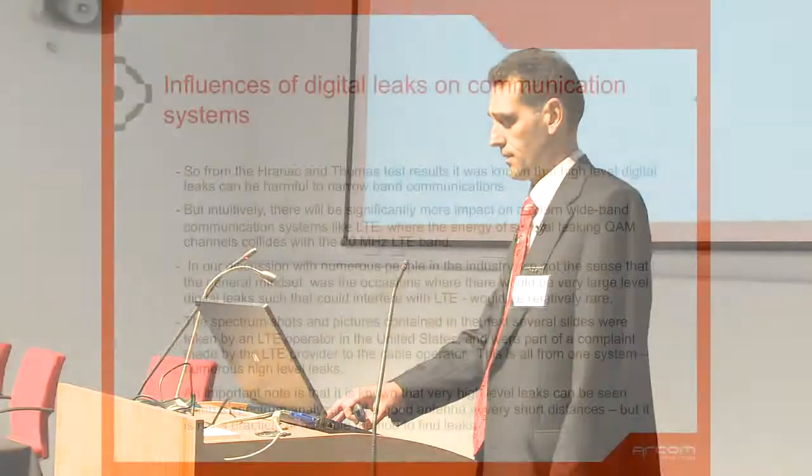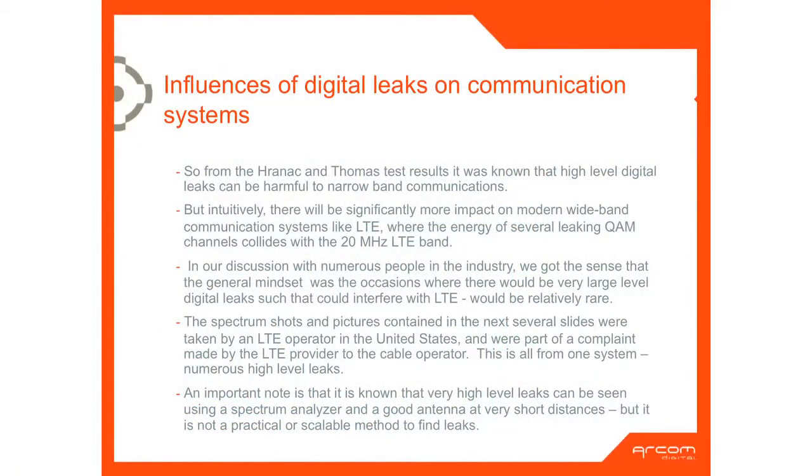So we know that narrowband communication can be disturbed by leaking QAM channels from the cable plant. Well, intuitively, a wider band transmission like LTE, which is like 20 megahertz, would be distorted much stronger than the narrowband.